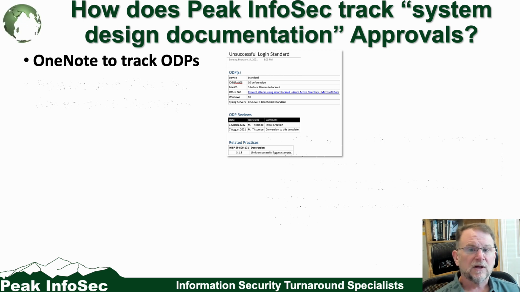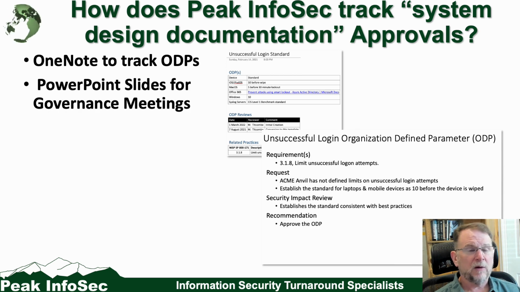Likewise, we also use PowerPoint slides for governance meetings. This is our template that we use for clients we're onboarding on a consultative basis and training on getting going in this setup. You can actually use this template and this template architecture, and it works perfectly fine with every DIBCAC audit.